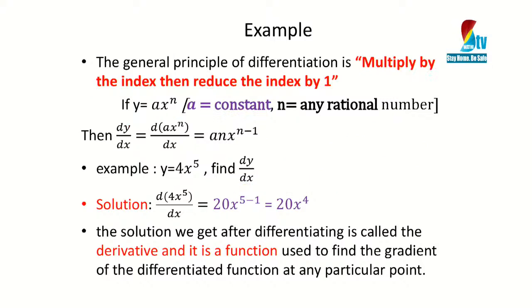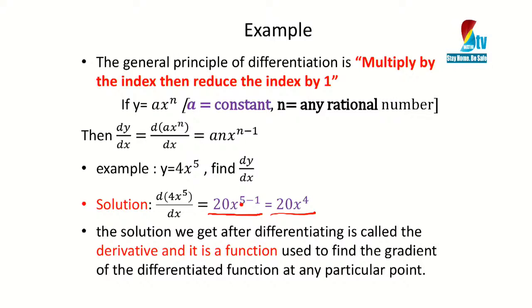That is where we get our 20: 4 times 5 gives you 20, and we subtract 1 from the index. So our answer is 20x to the power 4.